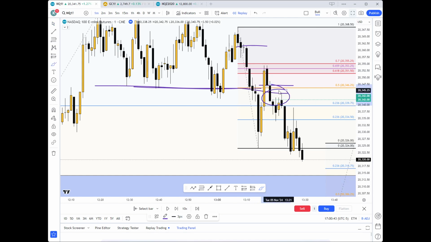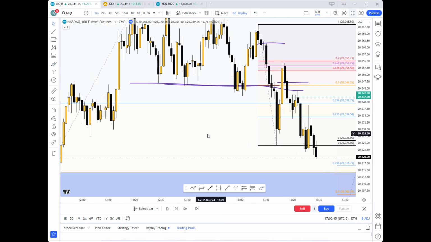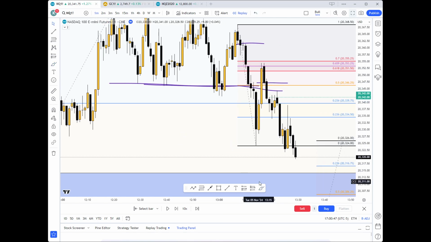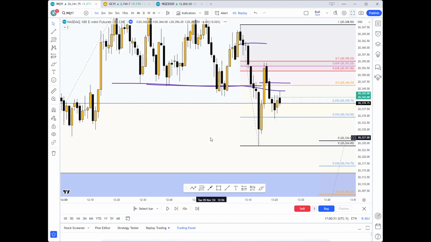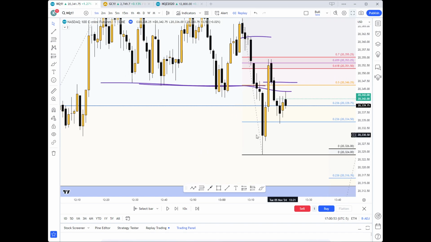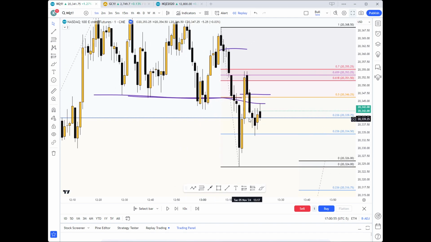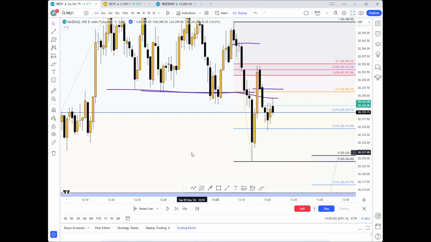You'll also notice this is a pretty good second area to enter. So now if you're here, this might be more clear to you that we're going lower. Does that make sense?